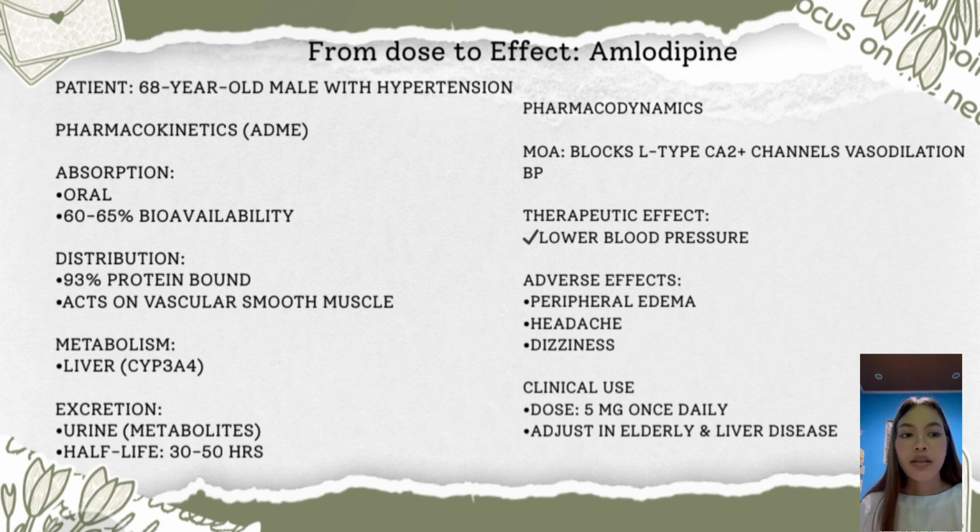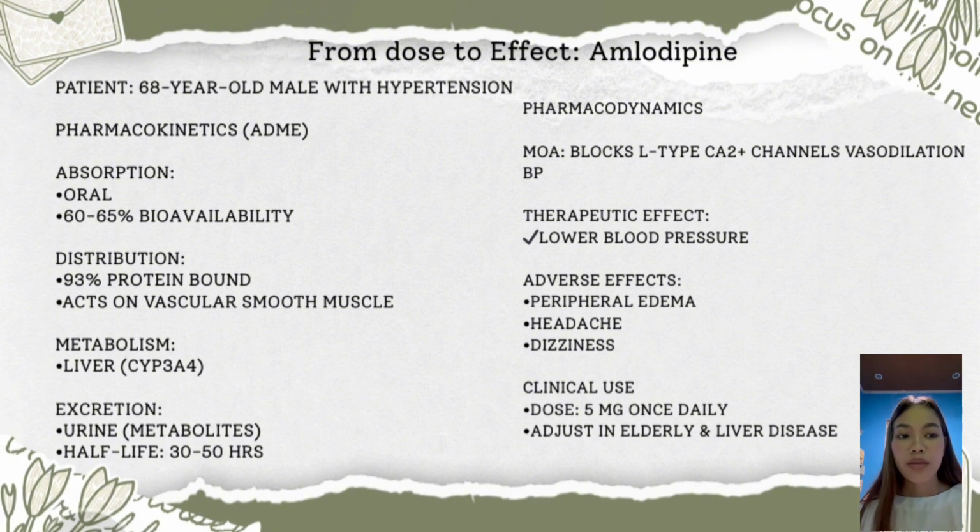This is clinically important because drugs that inhibit CYP3A4, such as certain macrolide antibiotics, can increase amlodipine levels and potentially cause excessive hypotension. Since our patient is elderly, liver metabolism may be slower, so we must start with a lower dose.